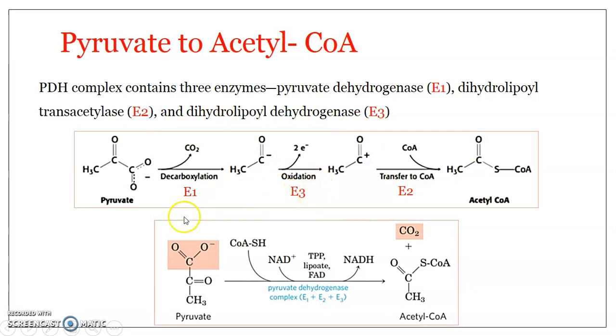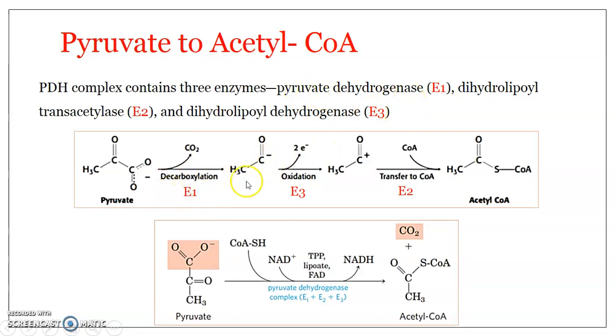Okay, so as a first step, the pyruvic acid undergoes decarboxylation. It gets decarboxylated to produce, as you can see here, the acetyl TPP complex. The enzyme involved is pyruvate dehydrogenase.